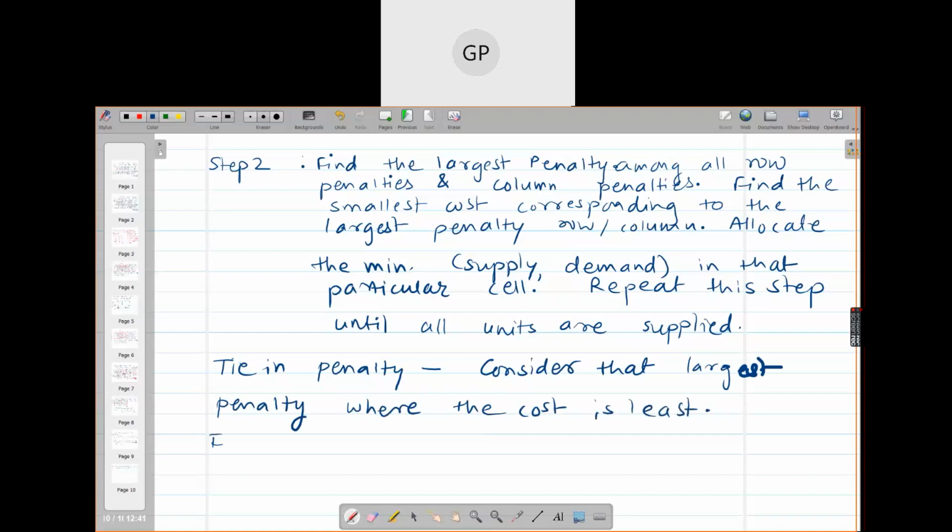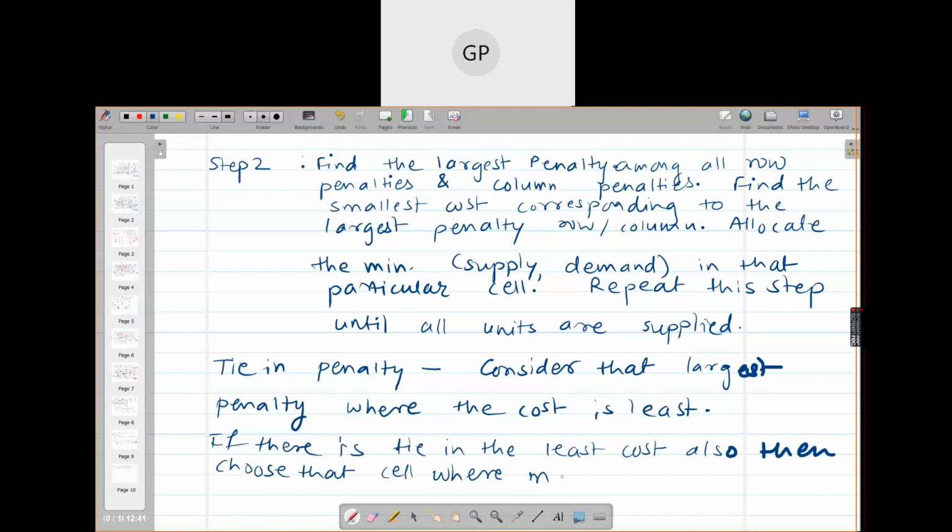And if there is a tie in the least cost also, then choose that cell where the maximum units can be allotted. We will see all these in the problems, don't worry.